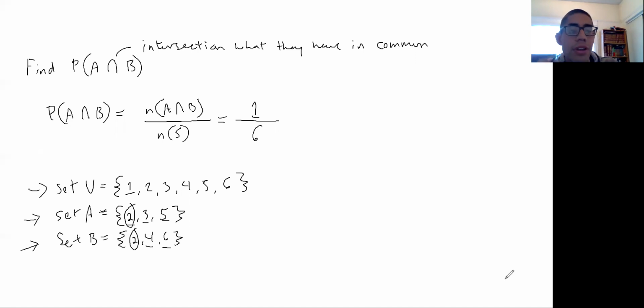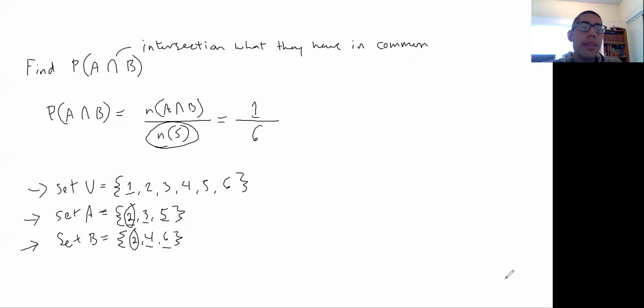Now, if I want the intersection, I want to know what number both sets A and B have in common. The only number that they both have in common, circled, is 2, which means that if I want to find the number of numbers that are intersected between A and B, there's only one number. So that's why there's a 1 on my numerator. And the total number of possibilities when I roll a die is 6.